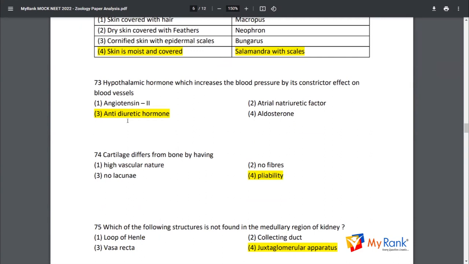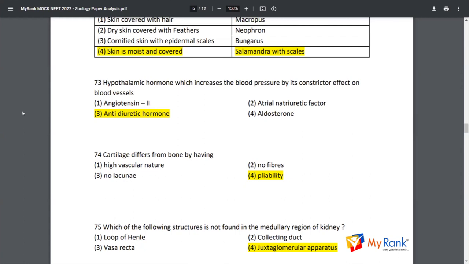Question number 73. Hypothalamic hormone, which increases the blood pressure by constricting effect on the blood vessels. So the hypothalamic hormones here are vasopressin and oxytocin.